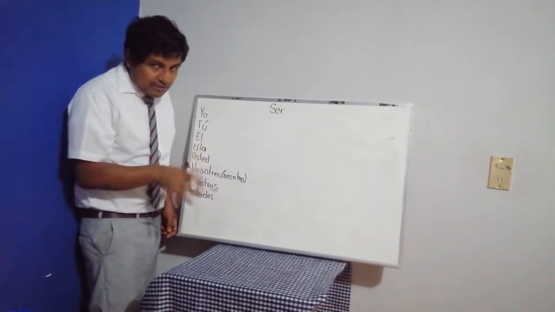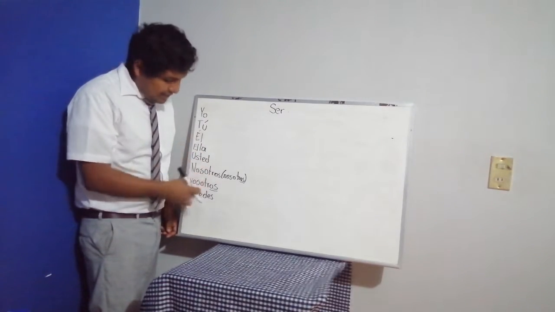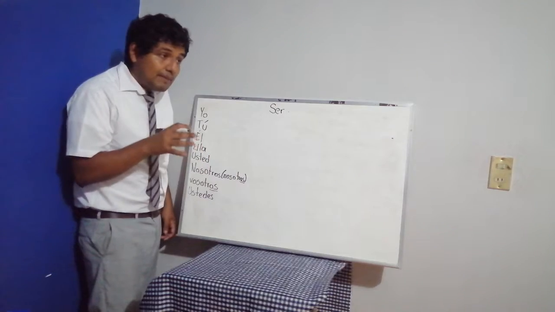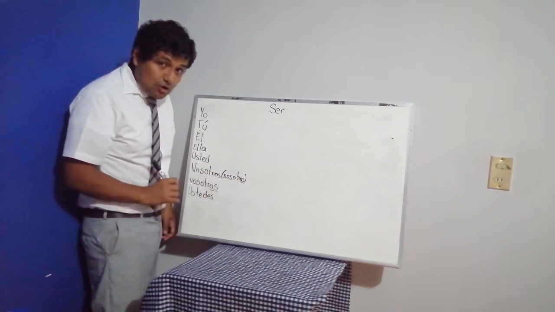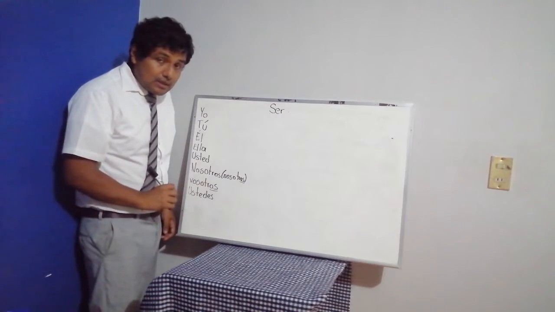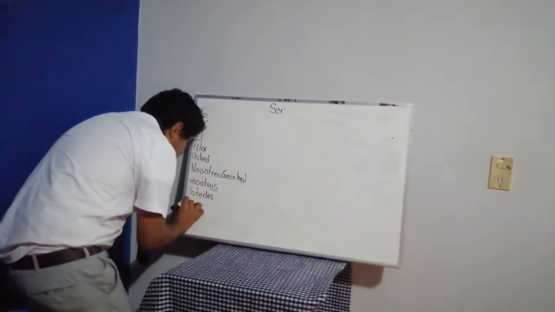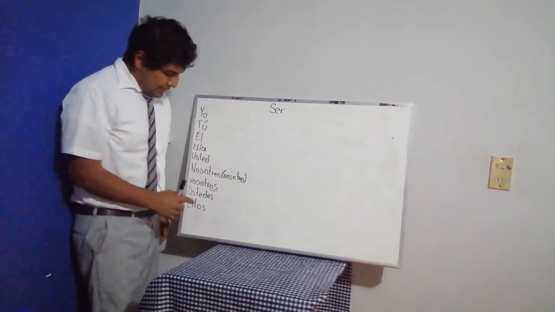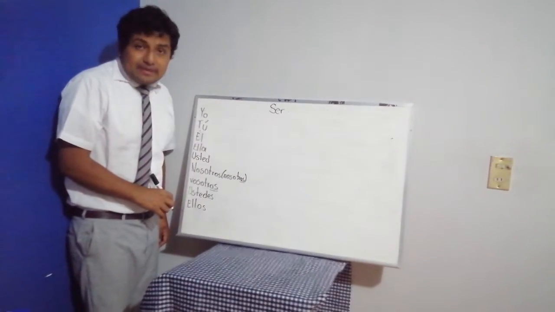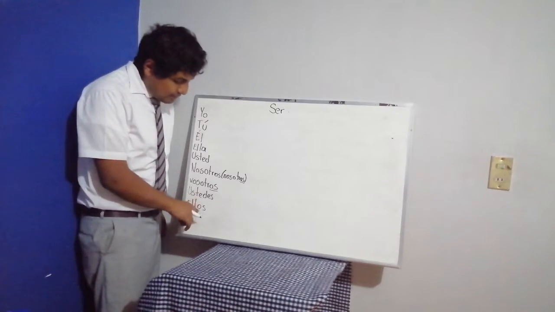Ustedes. It doesn't matter if it's masculine or feminine. You say ustedes. But when you are talking about only women in a group, you say vosotras. Okay? Vosotras. And finally, we have ellos. Ellos means they.